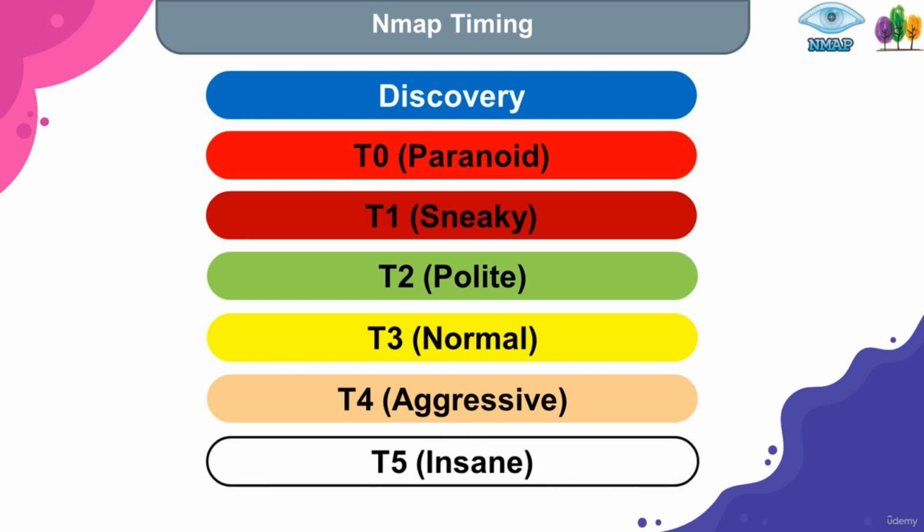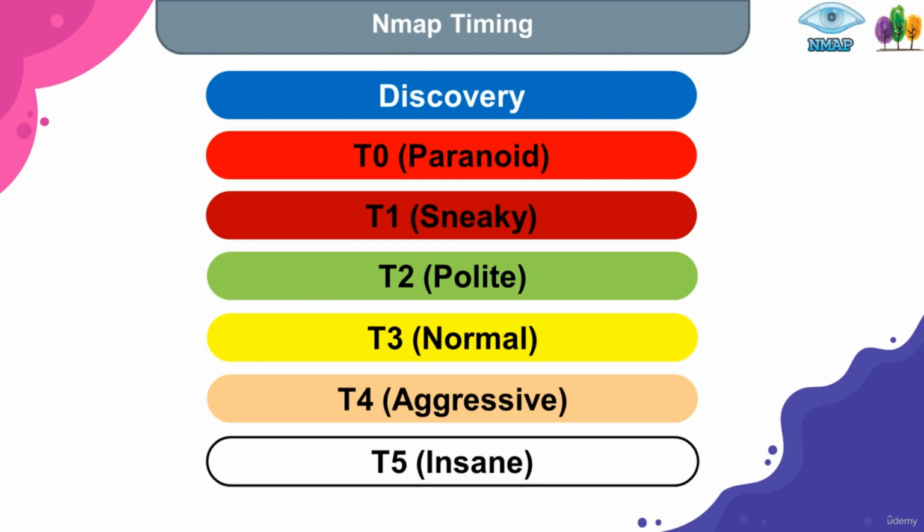T5, or insane. Use this mode to send insanely fast packets, and it'll only wait 0.3 of a second for an NMAP response. The time difference between two packets sent is up to 5 milliseconds. Of course, this mode makes scanning super fast, but sometimes you're going to sacrifice accuracy.